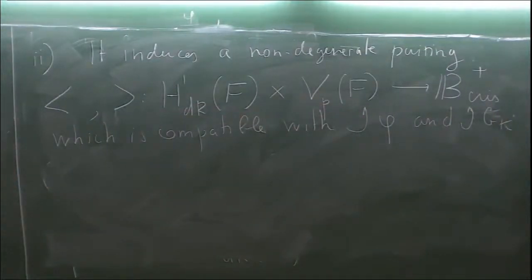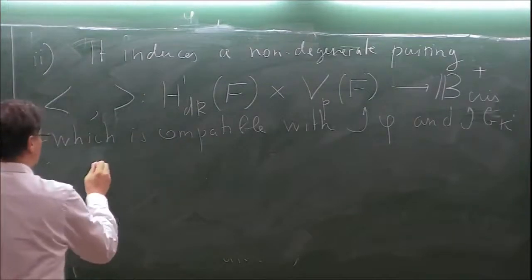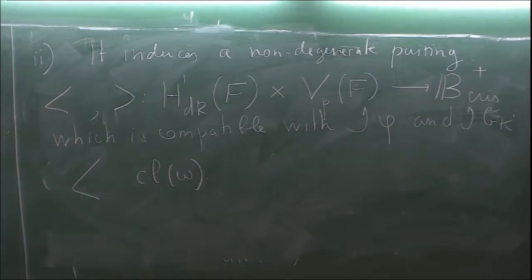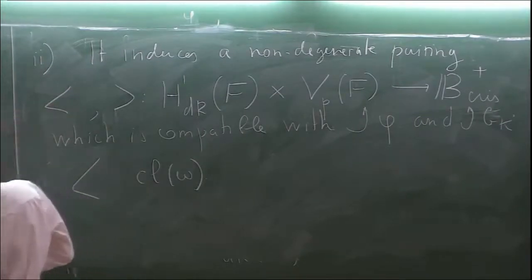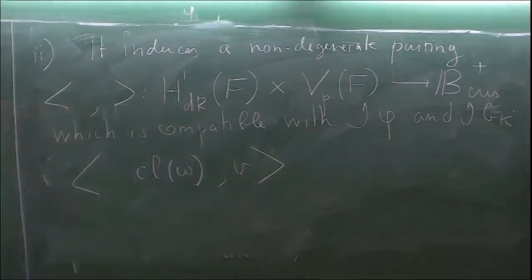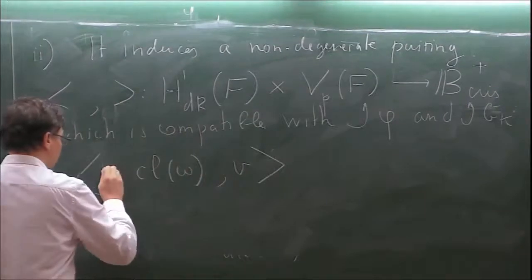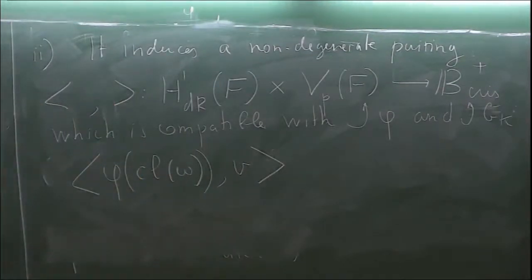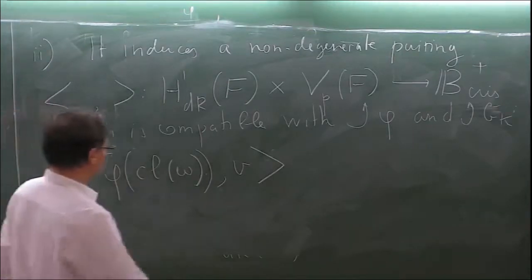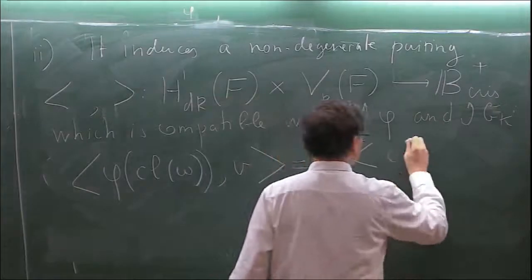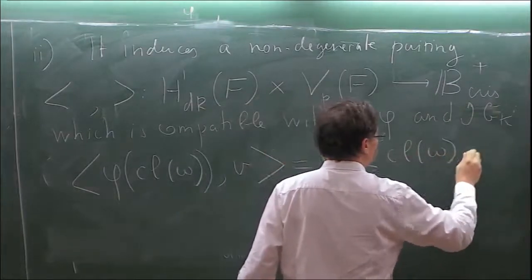So this means that if we take the class of omega and the element V in V_p, if we act on this class by the Frobenius, this is phi of the period of the class.